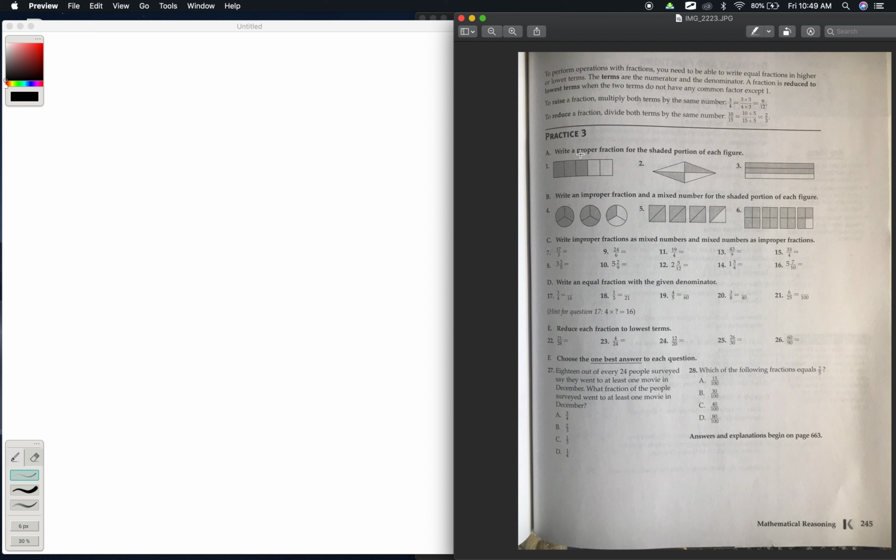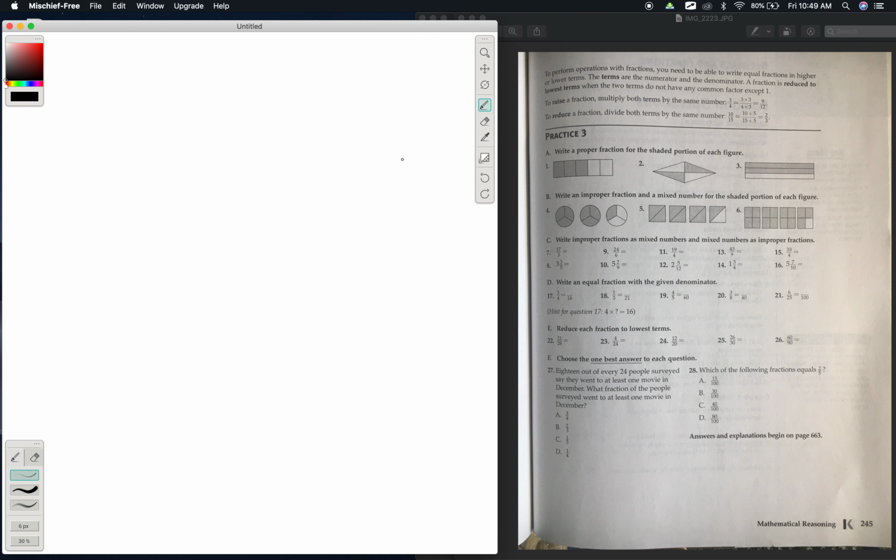Write the proper fraction for the shaded portion of each figure. A proper fraction, which you read on the first page, is when the numerator is smaller than the denominator.